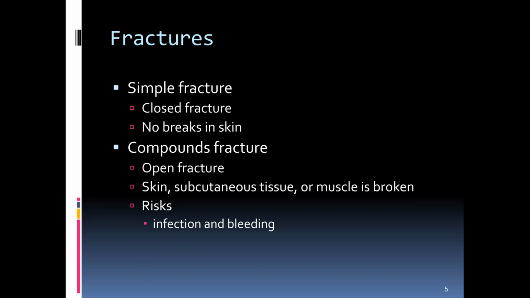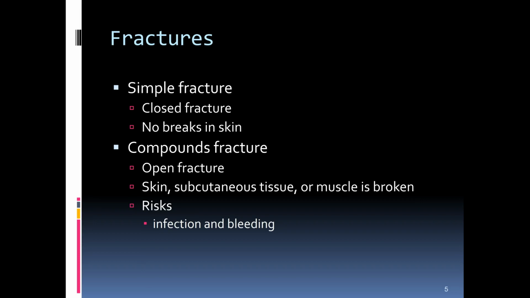Fractures, you don't need to memorize the different kinds of fractures. However, they can be very mild, like a hairline fracture or something that doesn't even need to be casted or splinted, to very severe where you need to have surgery or be in traction.